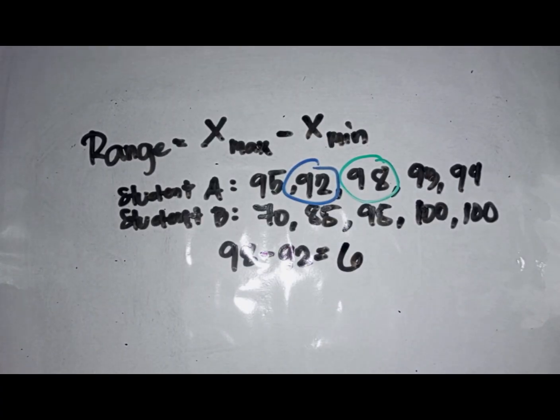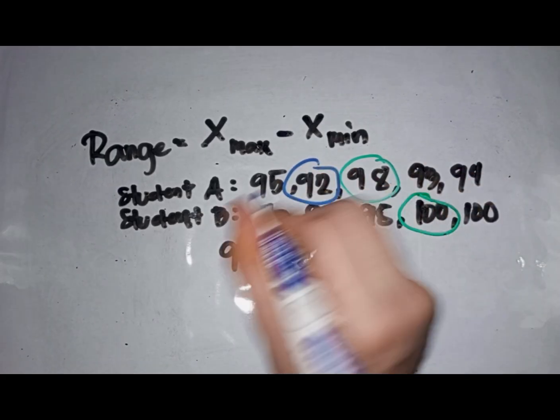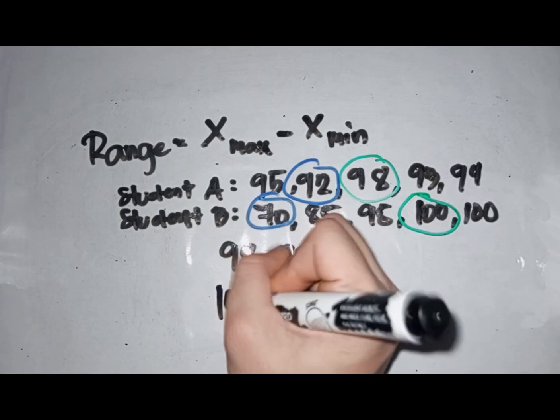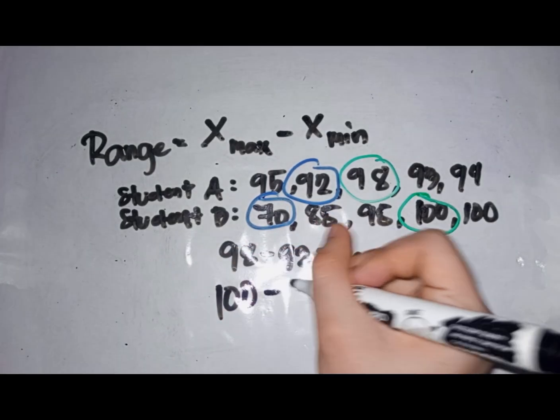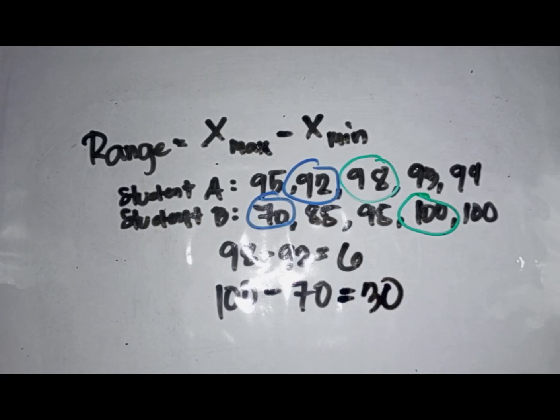Now for student B, the highest score is 100, and the lowest score is 70. Now the range is 100 minus 70, which is equal to 30.